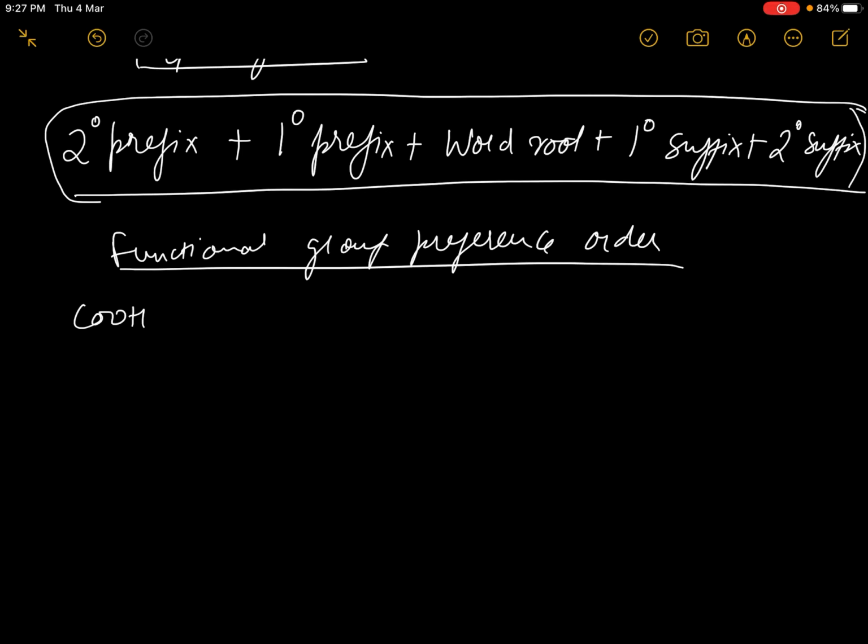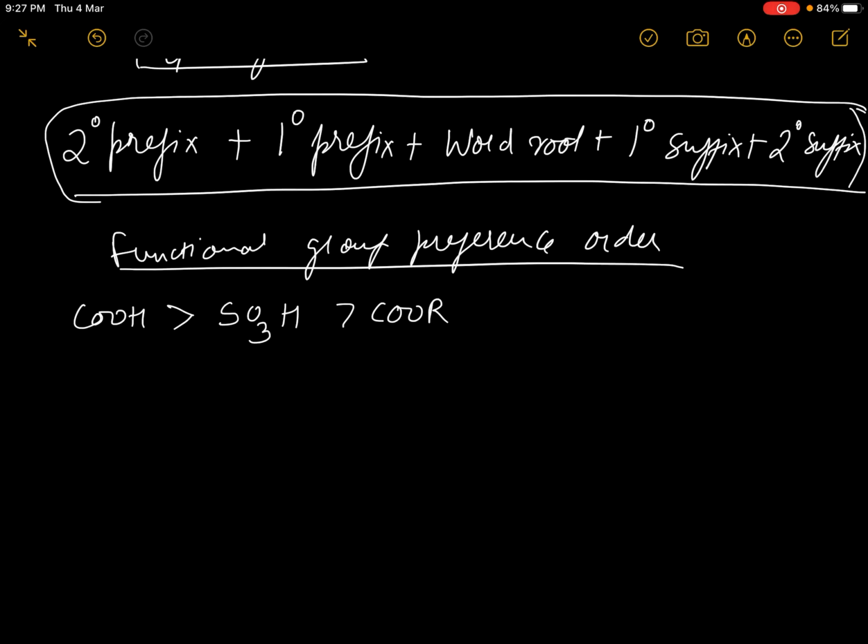Here the carboxylic group COOH is given the most preference, then SO3H, and COOR, where R means any other group.